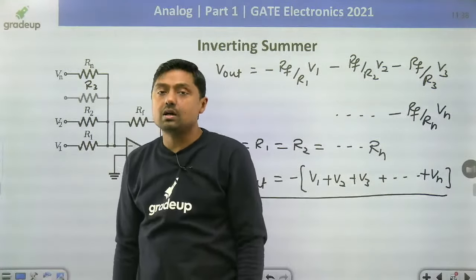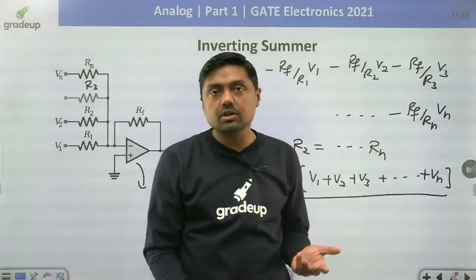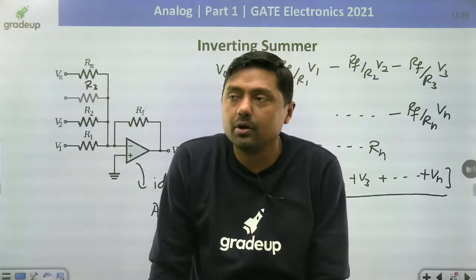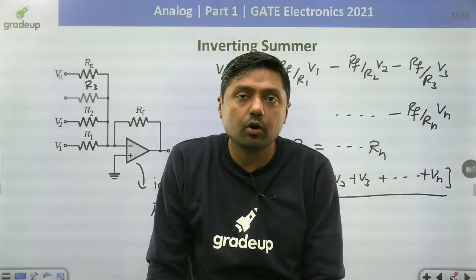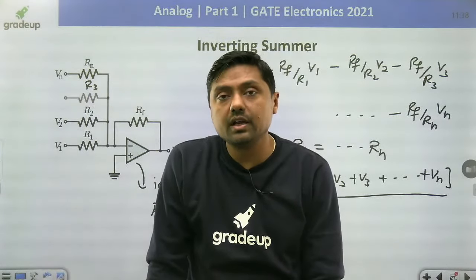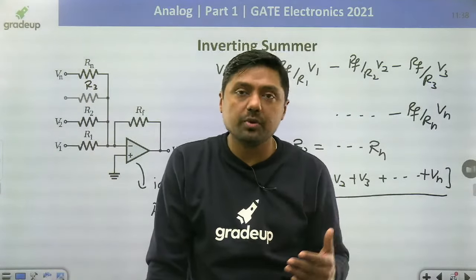No. If the question says it is an ideal operational amplifier, we use the approximate formula. If the gain is very high, like 10 to the power 6, again use the approximate formula.